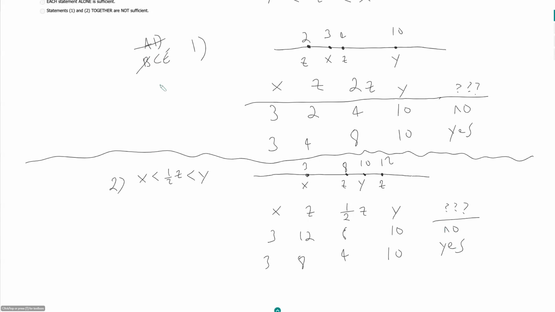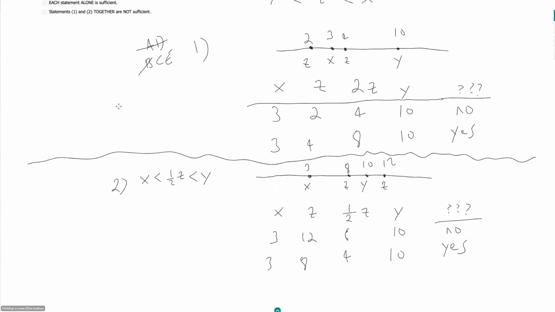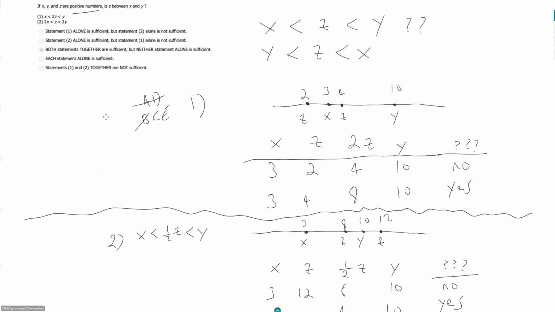Now let's look at them together. The good thing about looking at them together is I can now do some algebra with my inequalities. If I just add my two statements together, I get this inequality: 3x is less than 3z, which is less than 3y.